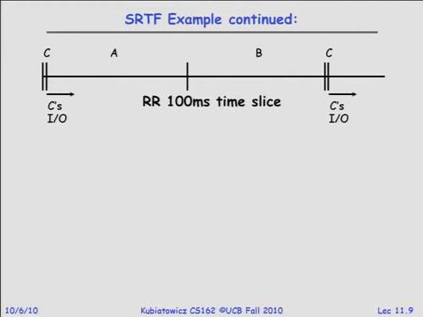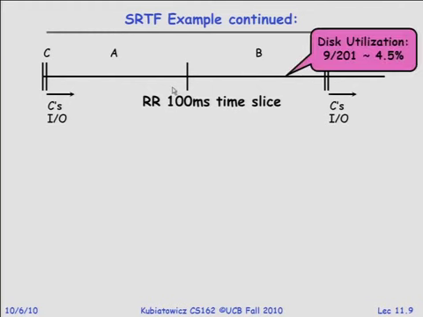Come on, you guys can compute this. Yeah, 9/201, right? Because we have 100, 100, and 1 millisecond. So it's 201 milliseconds, and we get 9 milliseconds of disk time. Everybody with me? So we're at about 4.5% of disk utilization here.